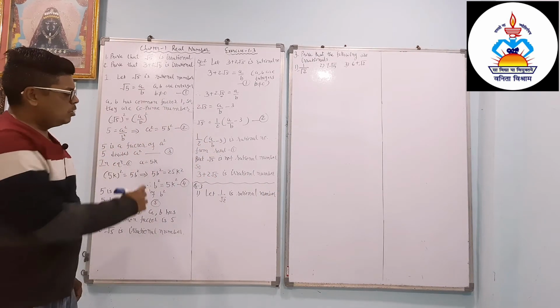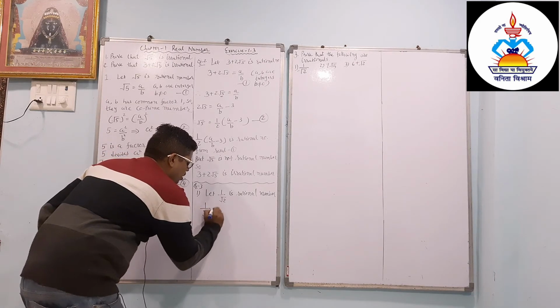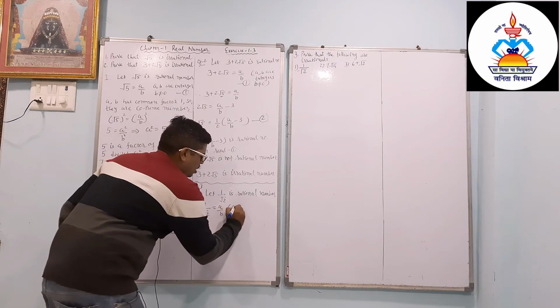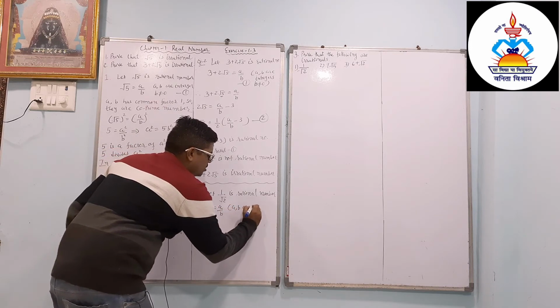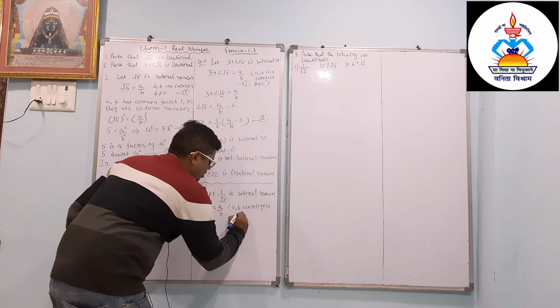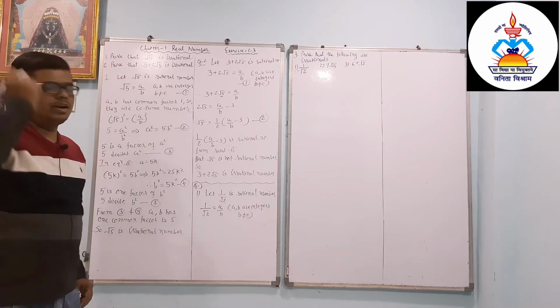If 1 upon root 2 is a rational number, then we can write 1 upon root 2 equals A divided by B, where A and B are integers, B is not equal to 0, and they are co-prime, meaning they have only one common factor, 1.